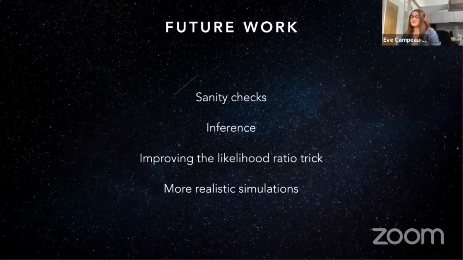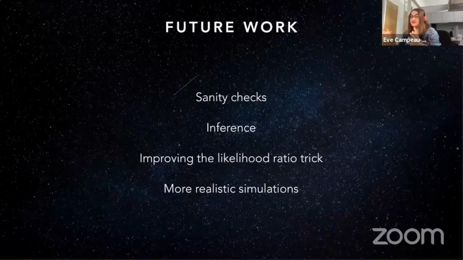For the future, we have to conduct some sanity checks to make sure that our network is learning from the relevant information. We still have to conduct the inference. To be sure, we'll first try to predict H0 from a set of mock data to make sure that our method works.